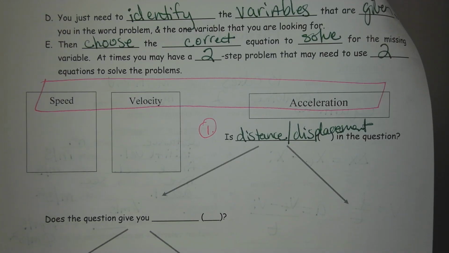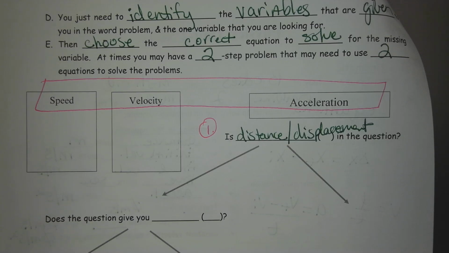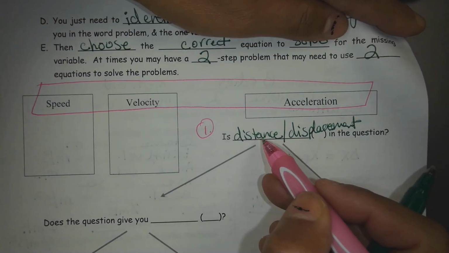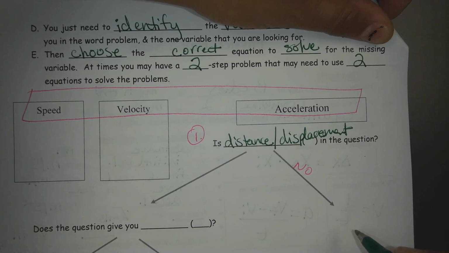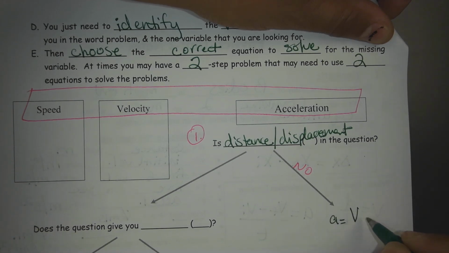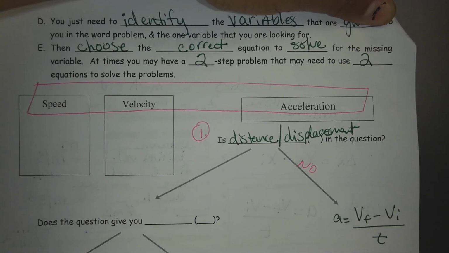And the words distance, displacement, we use that interchangeably, like speed, velocity. We know one means direction. So when you ask yourself, was distance ever used? And if you say no, I promise you, it will be this equation, the easy cheesy acceleration equation.